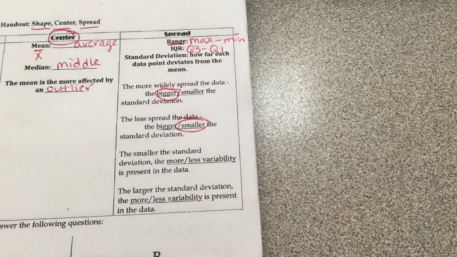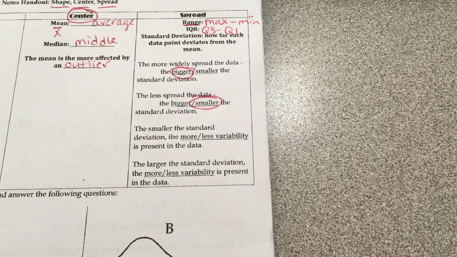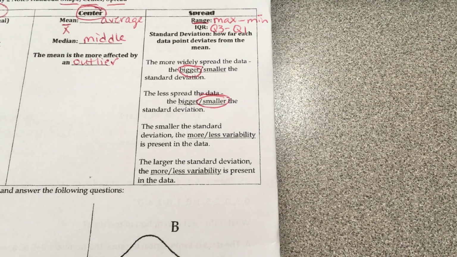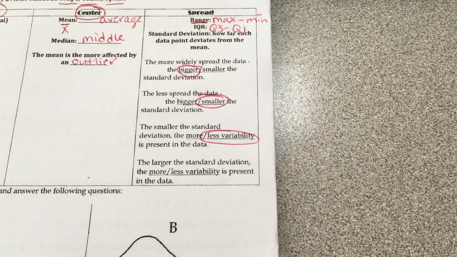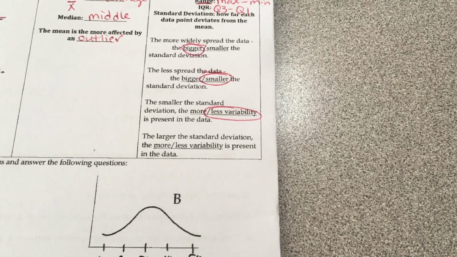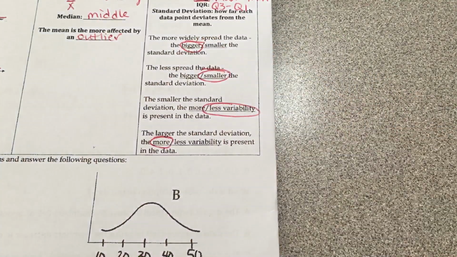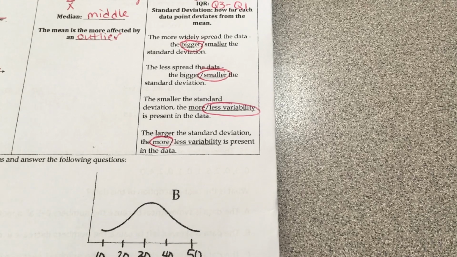The smaller the standard deviation. The smaller the standard deviation, the less or more variability? Less, okay? So if they're less spread out, that means you have less variety. And the larger the standard deviation, the more variability, the more variety there is in the data.